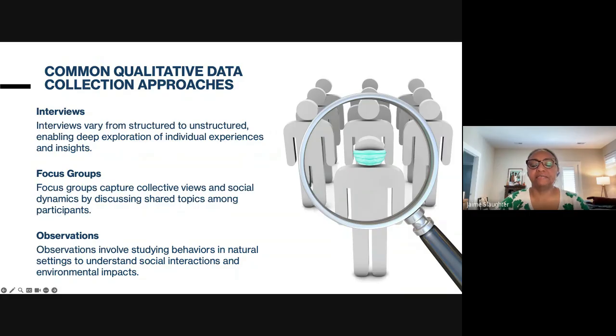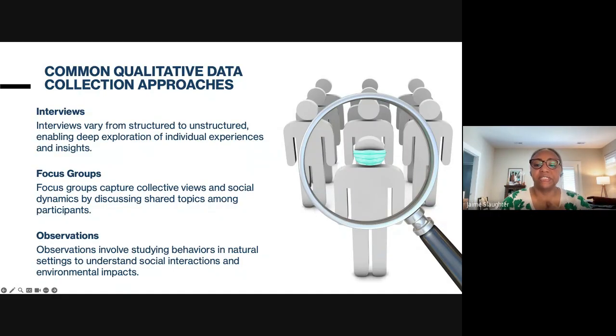So just a few additional notes on each type. Interviews tend to be one-on-one, between the participant and the investigator, in an exploration of personal experiences, beliefs, and perspectives in detail.